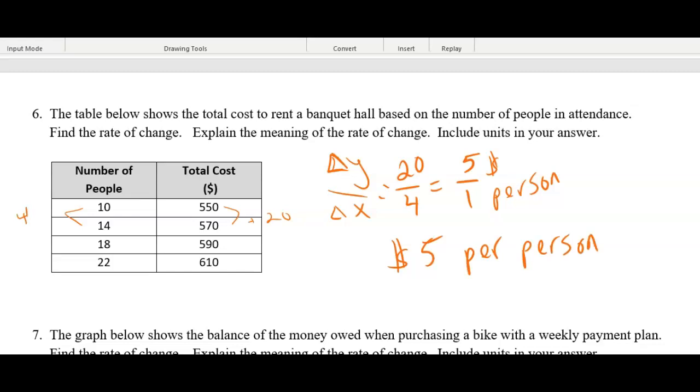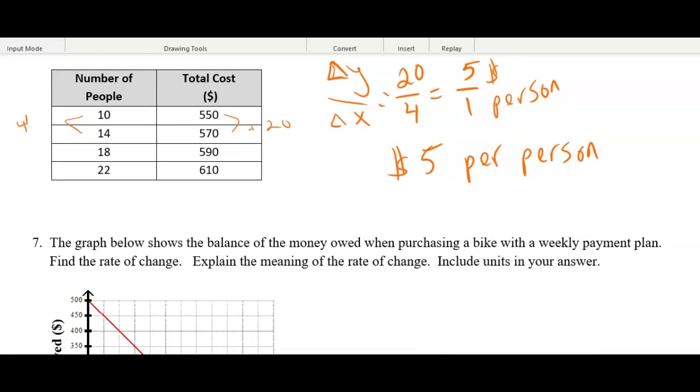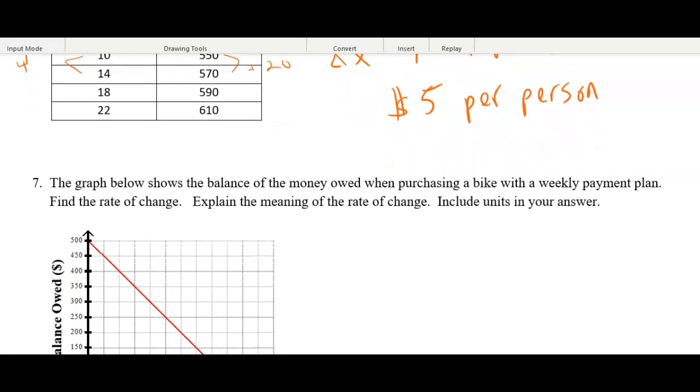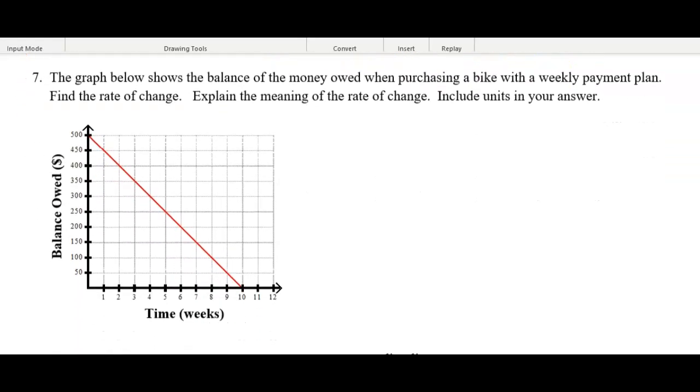And it looks like, again, it gets over after 10 people because it must be $500 to rent the entire place and then $5 a person after that, because that's how you would get $550 for 10 people. 10 times 5 is 50, and then $500 to rent it.